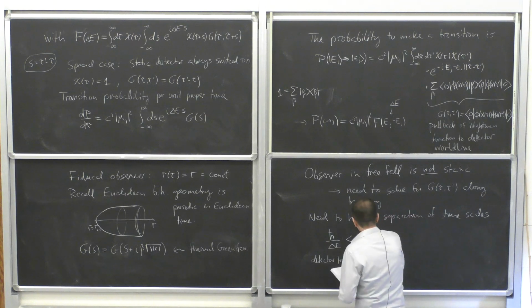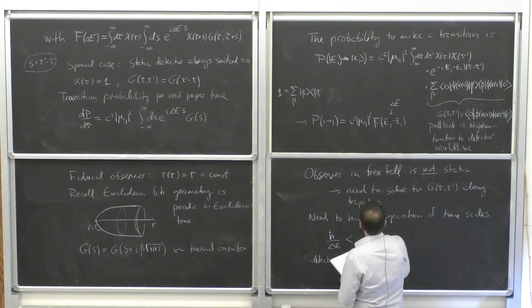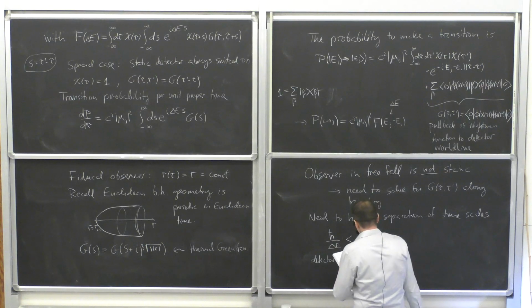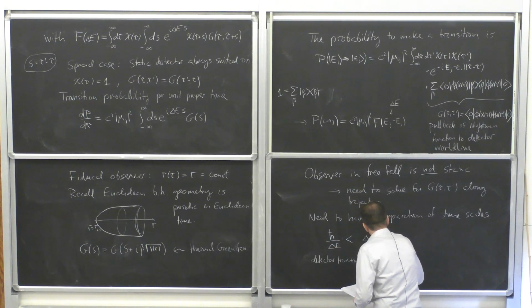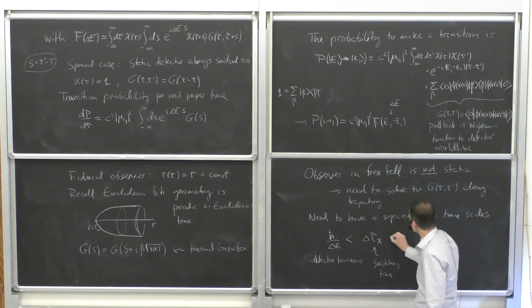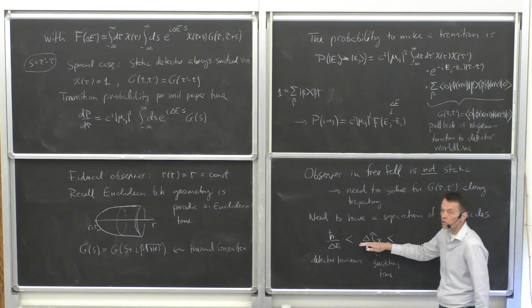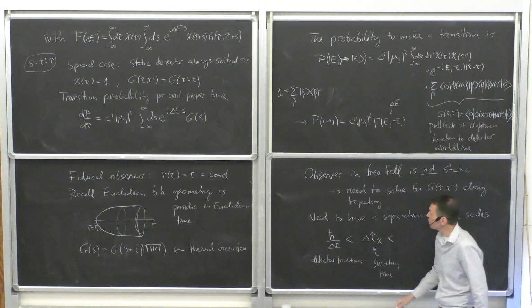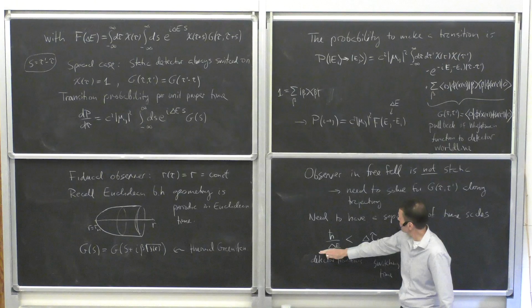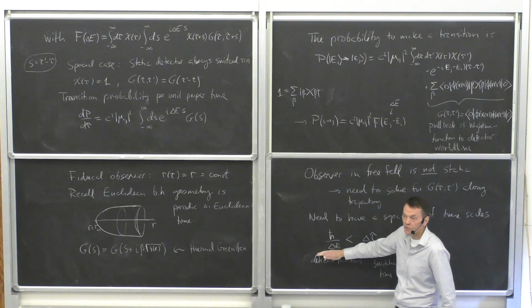And then, of course, you want to have your delta tau, which is the switching time. Basically, this is something that the experimenter can control. They can turn on and off their detector, and in order for this to be a meaningful thing, it had better be turned on long enough for the detector to be able to respond. So you need this to hold.